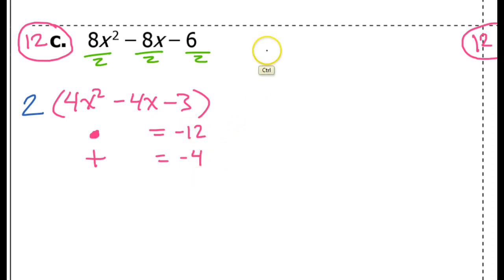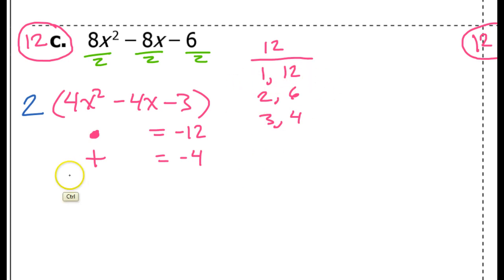Okay, we start with the product of 12, and we ask ourselves, what multiplies together to make 12? So that would be 1 times 12, or 2 times 6, or 3 times 4. These are all the ways to make 12. Now, which of these pairs can add up to negative 4 if I pick the signs right?